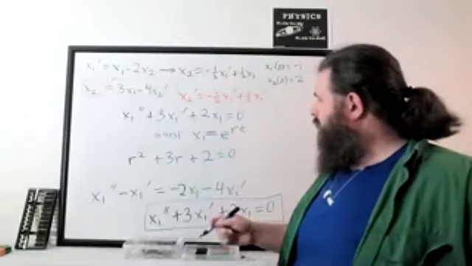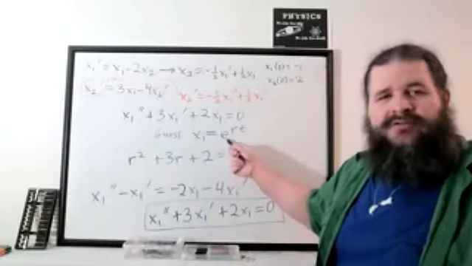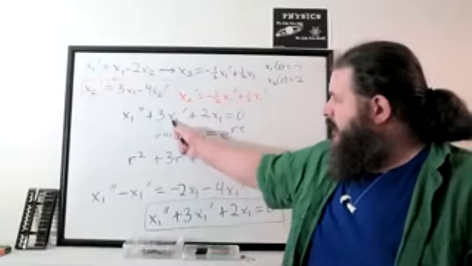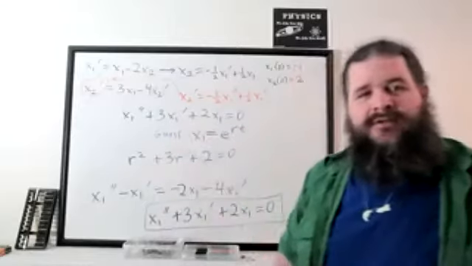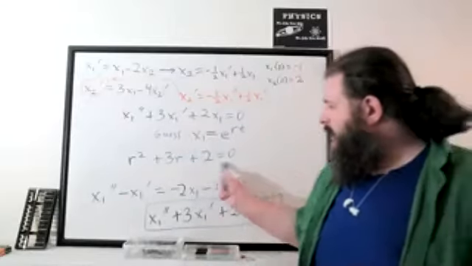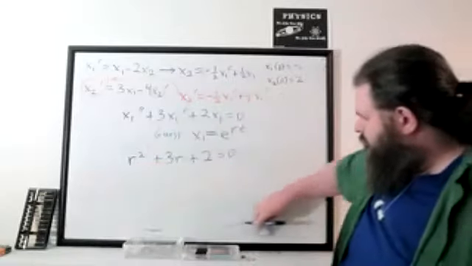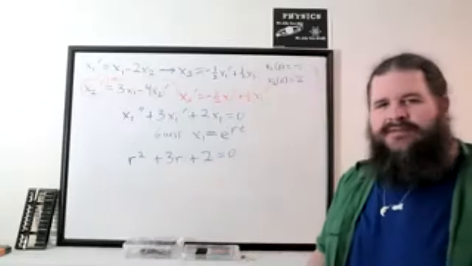We guess that the function that's the solution to this is an exponential function, e to the something t. We plug in e to the rt, and then r e to the rt, and r squared e to the rt for the derivatives. Divide by e to the rt, you're left with a quadratic. And does that factor?